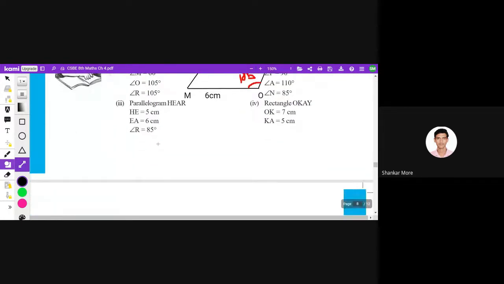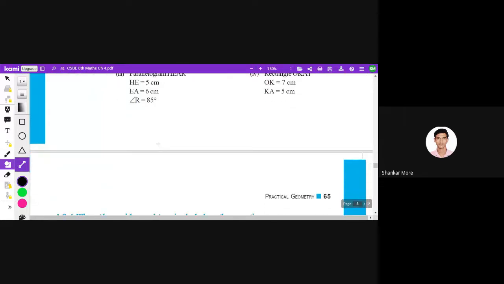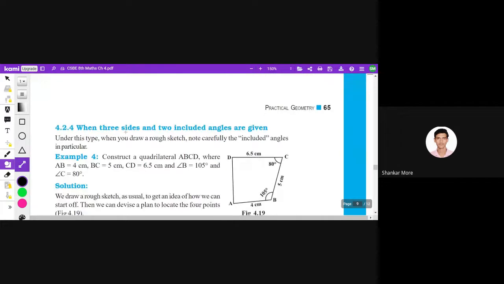Chalo. So that is how we draw it. I hope everybody has understood how we draw a quadrilateral when two sides and three angles are given. Now, when three sides and two included angles are given: मतलब ये तीन sides दिए हुए हैं, और जो दो angles हमें दिए हैं, those are included angles, मतलब इन तीन sides के अंदर जो आते हैं वो angles, ना कि बाहर के angles.